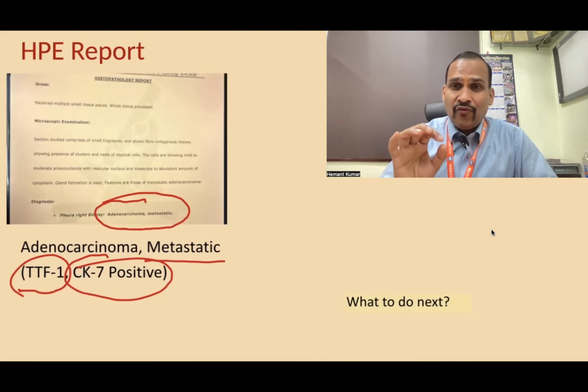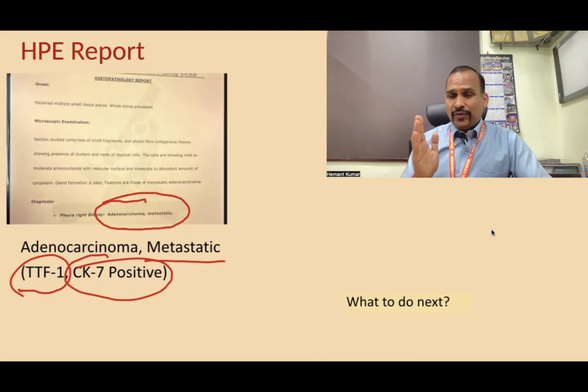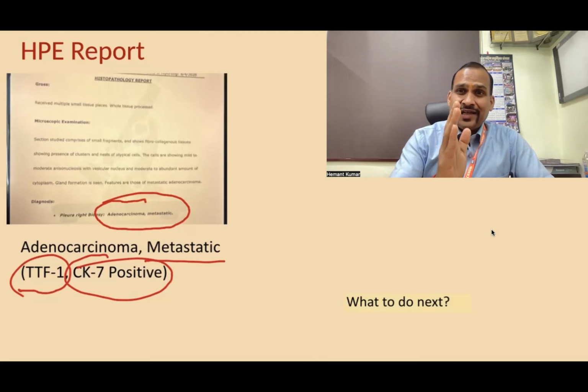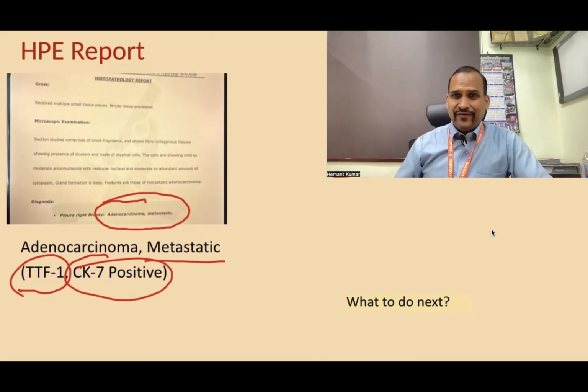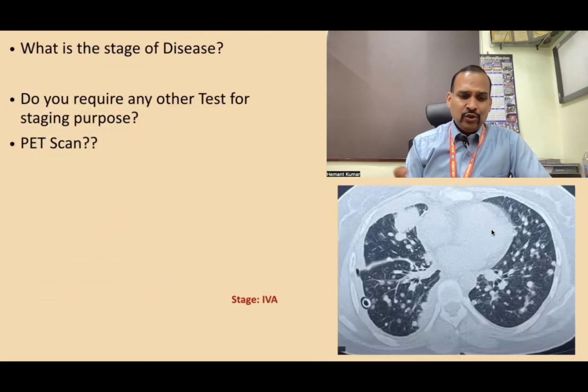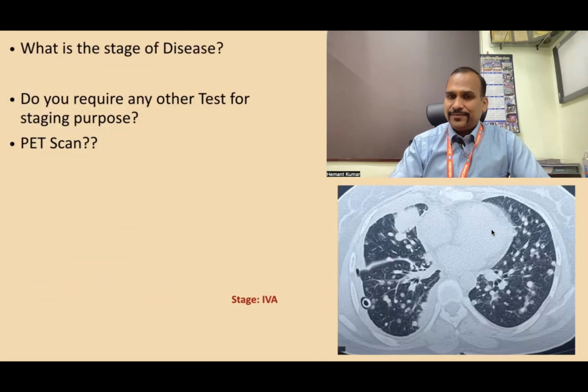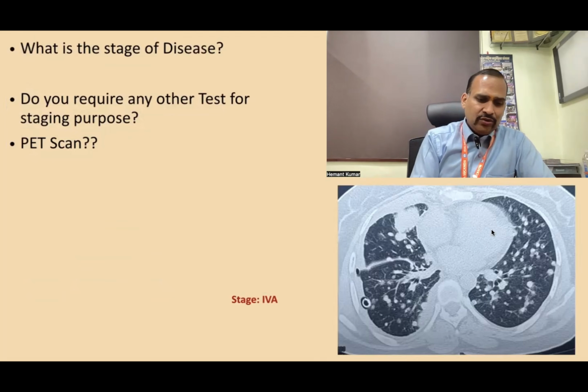Now what to do next? You have a young lady with adenocarcinoma, that too metastatic, with a chest tube in situ. Now what to do? You have to do staging of this patient. For management we know that we have to do staging, so whether you require a PET scan or not.